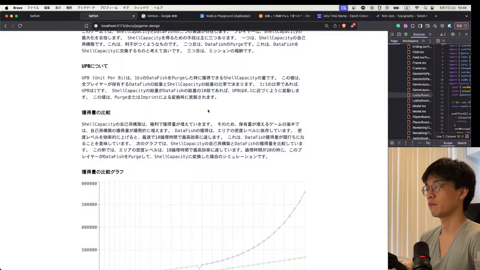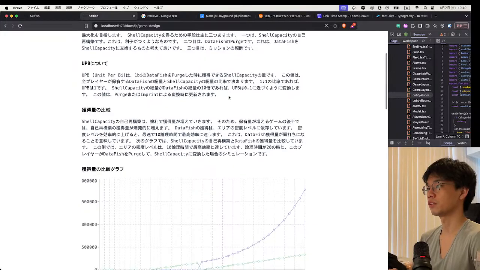If the ratio is 1 by 1, UPB is 1. If the total amount of shell capacity is 10 times the data fish, UPB is going close to 0.1, because the ratio is 10 by 1. And this value is updated when purging or imprinting happens. That means exchange happens.